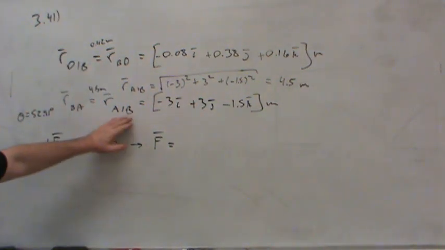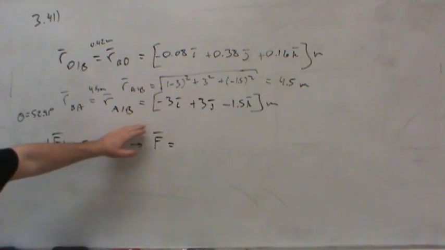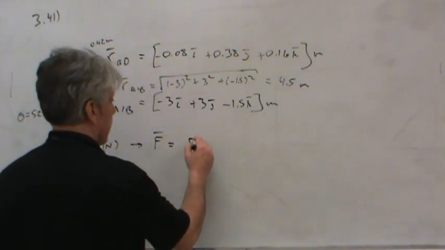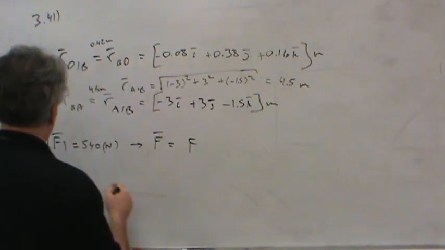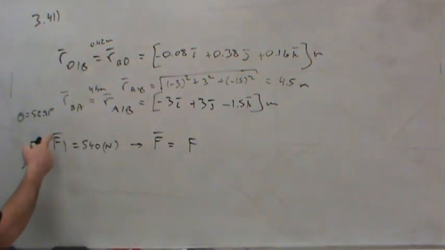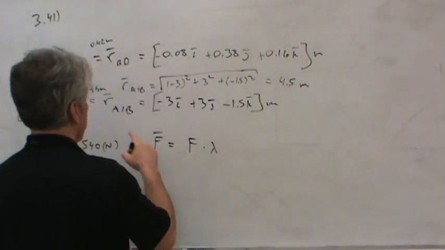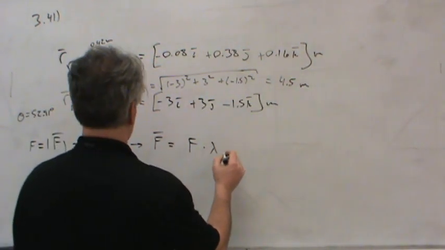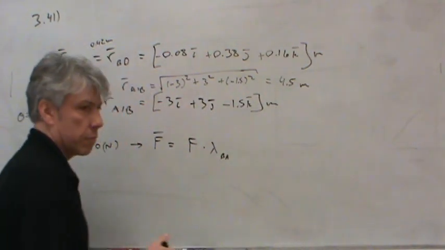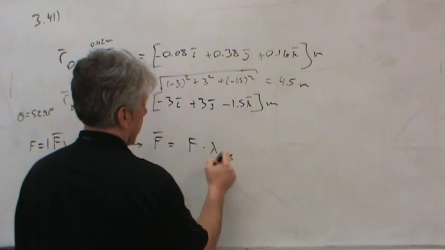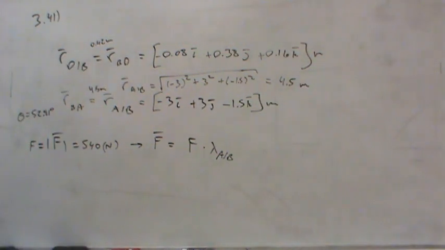All we need is the vector from B to A, which we've got, and then we need to turn it into a unit vector. In other words, we need to multiply the magnitude of the force, which is just another way of writing this, times the unit vector lambda that points in the direction B to A, or in your book's terminology, A with respect to B.